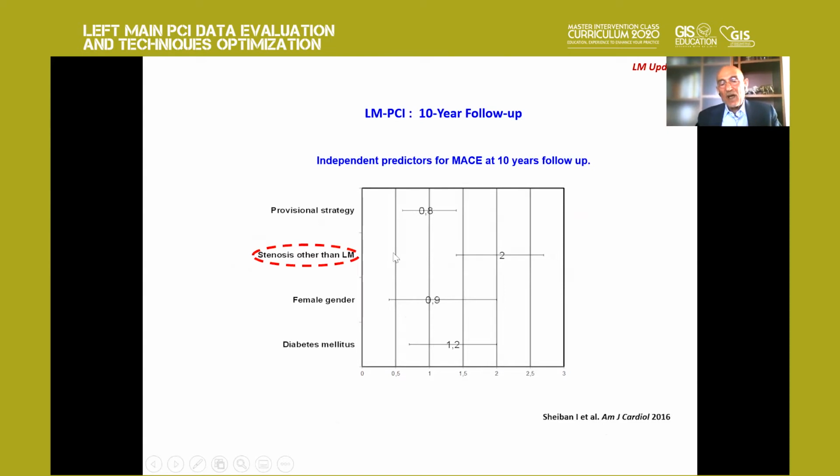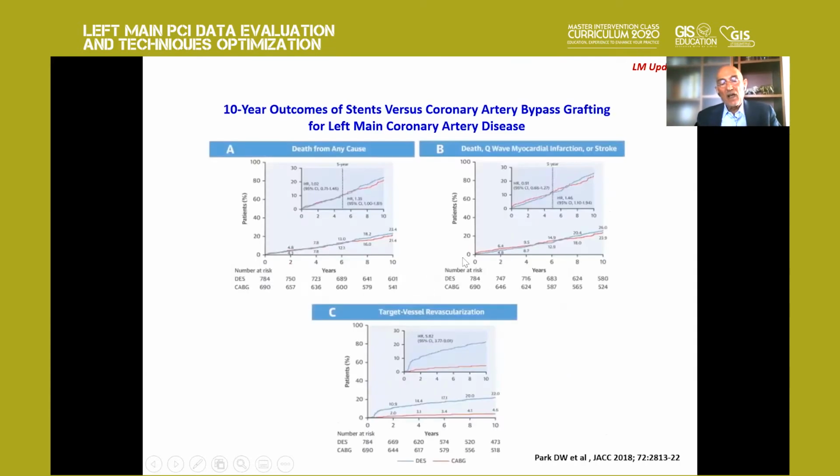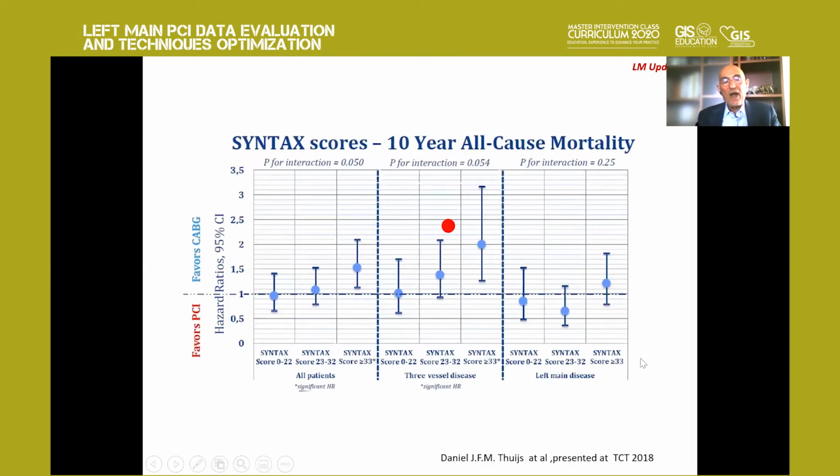About 10 years outcome, this is a study coming from our group showing that left main itself is not affecting the outcome. What is worsening the outcome is progression of disease on other vessels rather than left main itself. And again, this is also confirmed by 10 years outcome coming from Asan Medical Center in Korea.